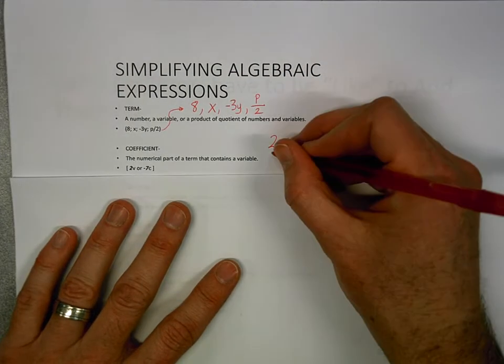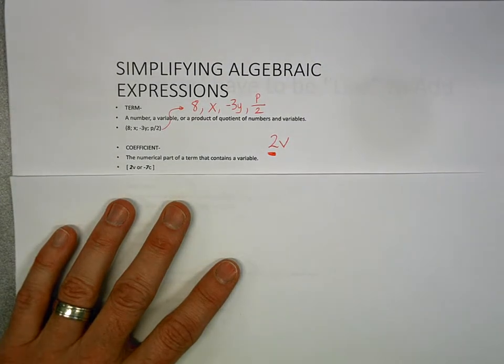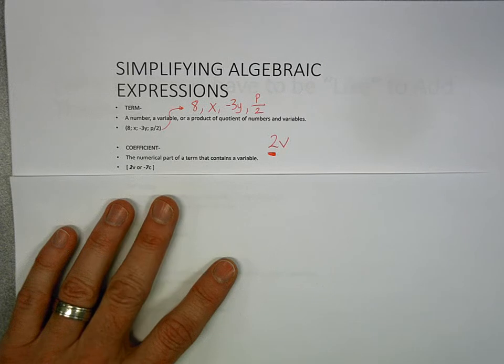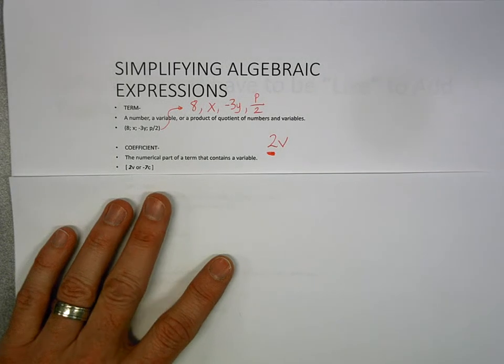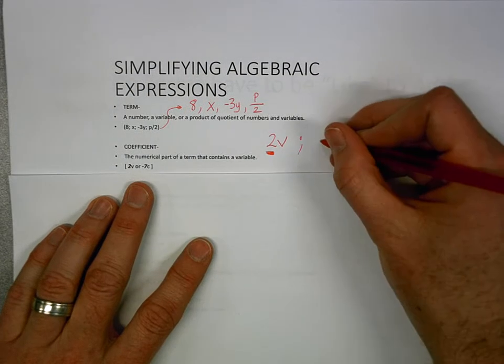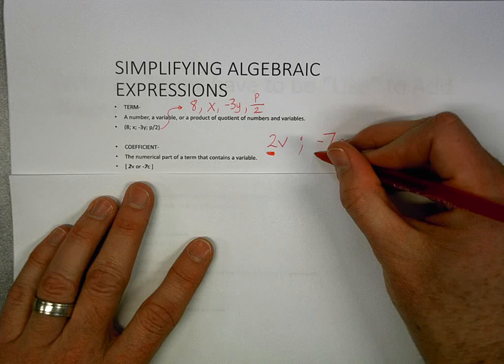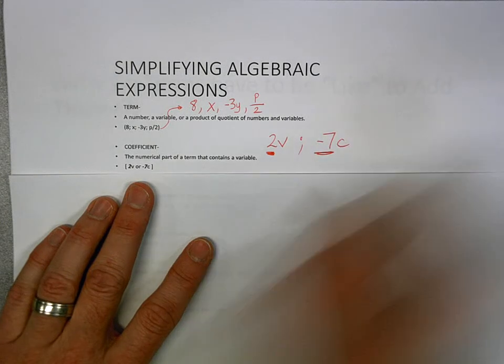The coefficient, underline the 2. The whole thing's not a coefficient, it's just the 2. It's a number that's multiplied in front of the variable. Another example would be something like negative 7c. Negative 7 is the coefficient.